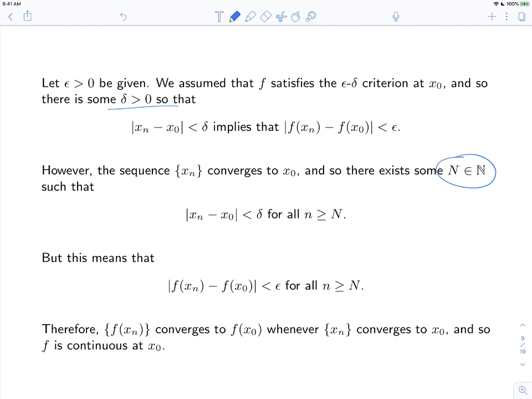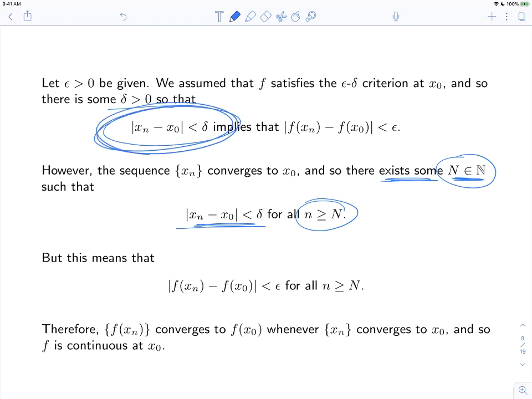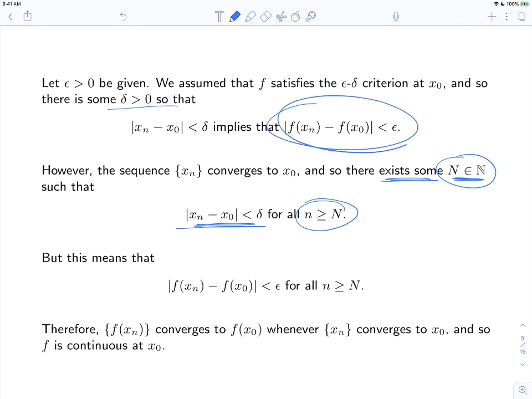How do you say that in a precise way? You say that there exists some capital N, so that whenever little n is greater than or equal to capital N, the distance between the terms is as small as you wanted. In this case, we wanted it less than delta, because we know that if the distance between x values is less than delta, that implies that the distance between their corresponding outputs is less than epsilon.